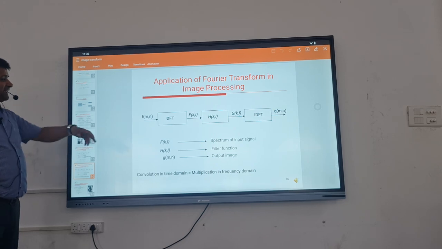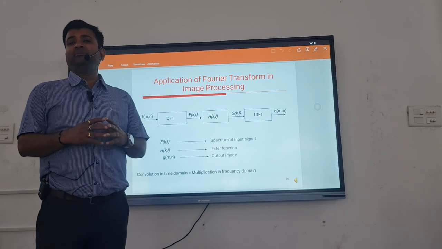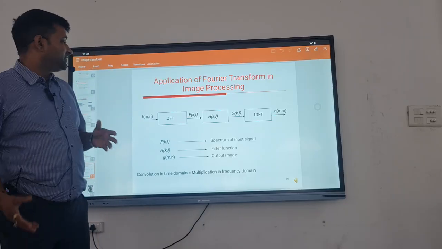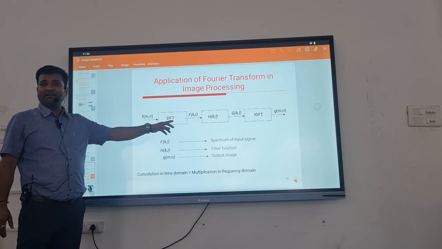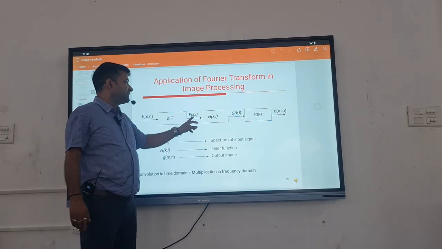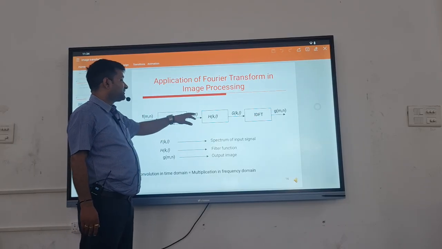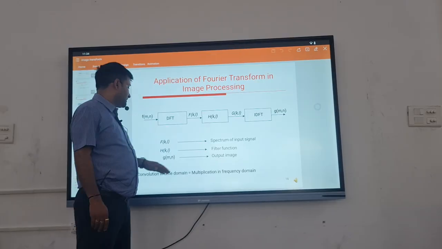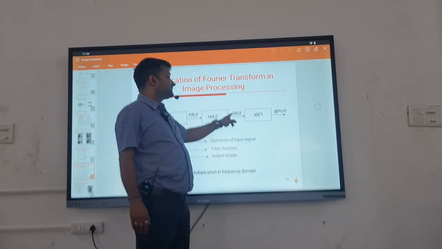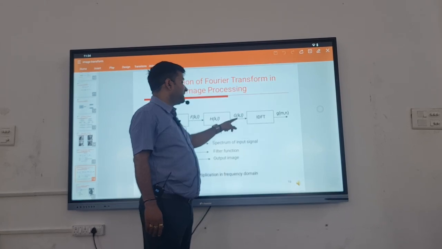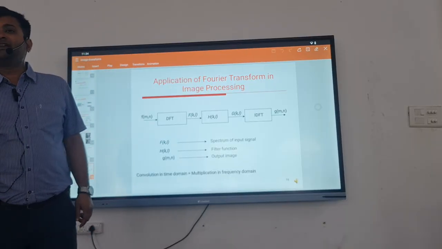So this is the basic representation of Fourier transform in the image processing application. Here you are taking the input image, after taking the Fourier transform, discrete Fourier transform, and then get back to the Fourier transform spectrum of this image and goes to the filter function H(k,l), and then the output of this filter function goes to the inverse discrete Fourier transform to get back the original image.